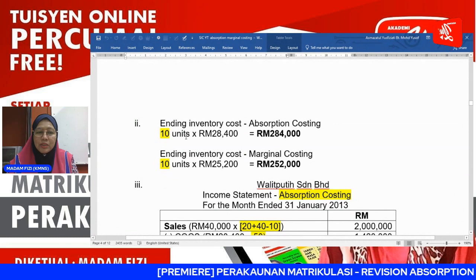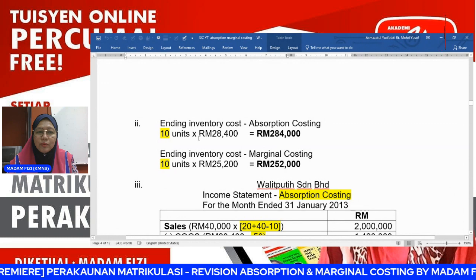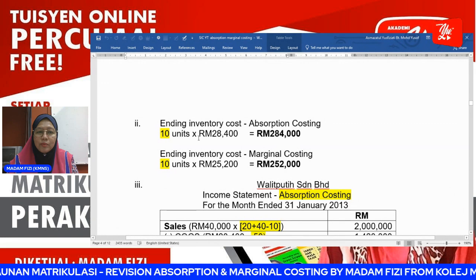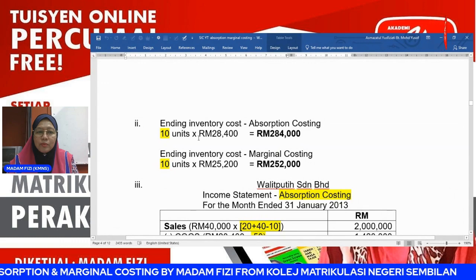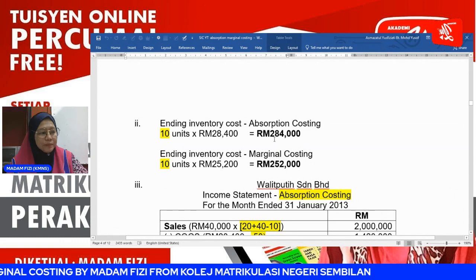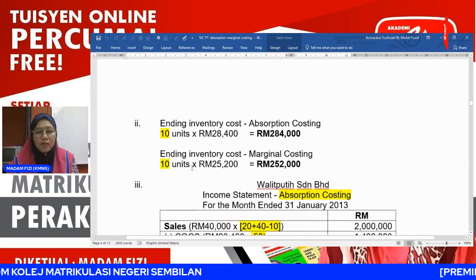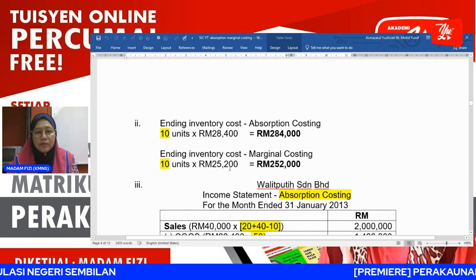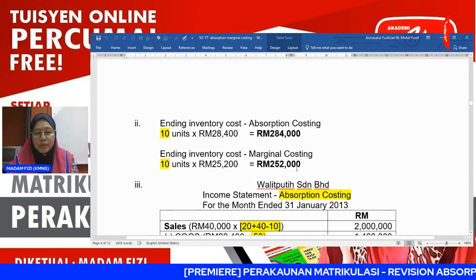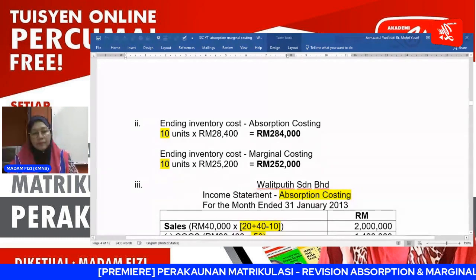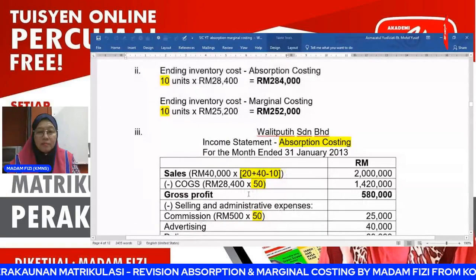So for absorption costing, you must get 284,000. For marginal costing, 10 units of ending inventory multiplied by 25,200 equals 252,000. Okay, Roman 3 is to prepare the income statement.